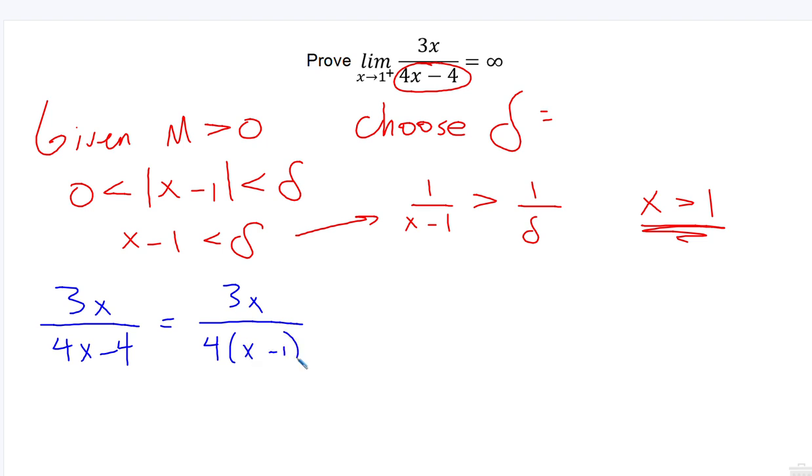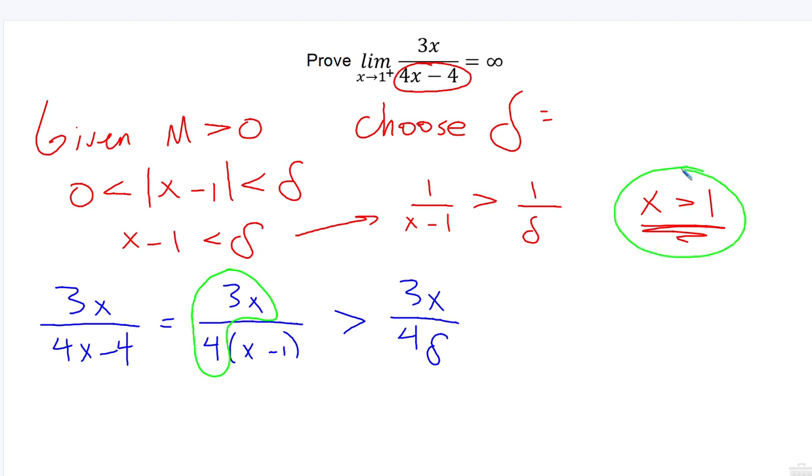And now, well, I know that 1 over x minus 1 is greater than 1 over delta. So a bunch of stuff times 1 over x minus 1 must be greater than all that same stuff times 1 over delta. So we're going to say this is greater than 3x over 4 delta. And then I'm going to use this very convenient fact that I know that x is greater than 1.